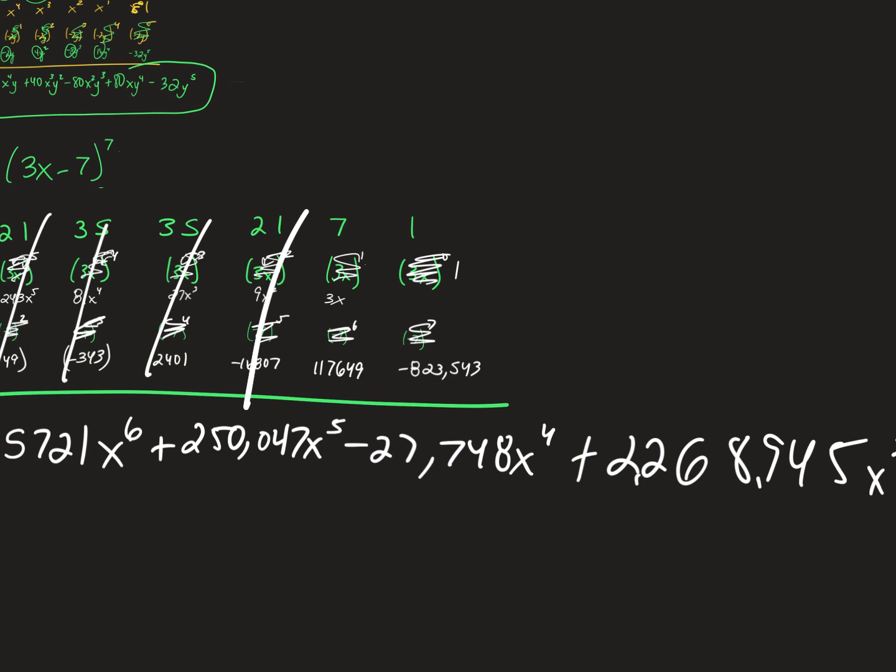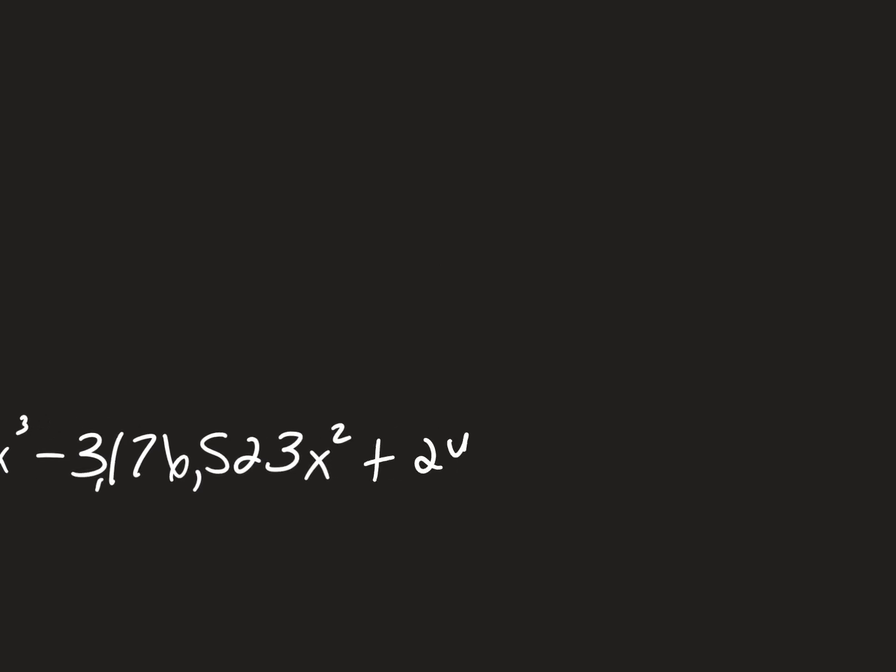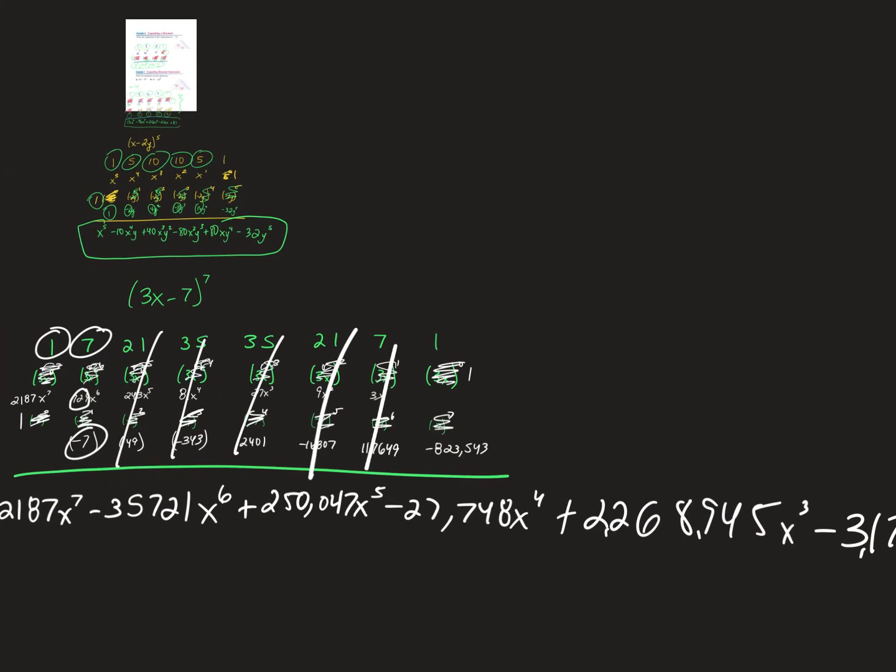117649. Oh no, I totally would have run out of room on my paper. So plus 2470629. Yep. All right. And then the last one is what? The bottom number. Say it. Negative 823,543.